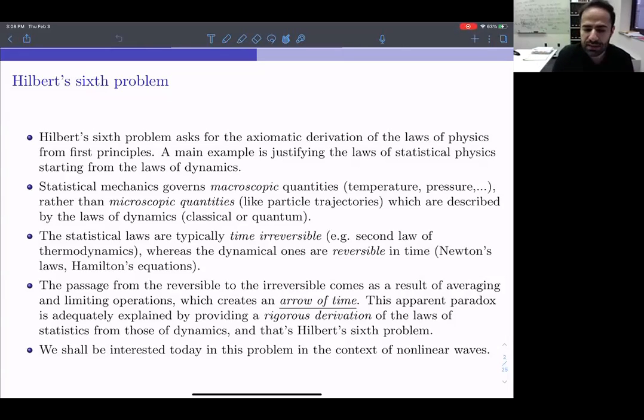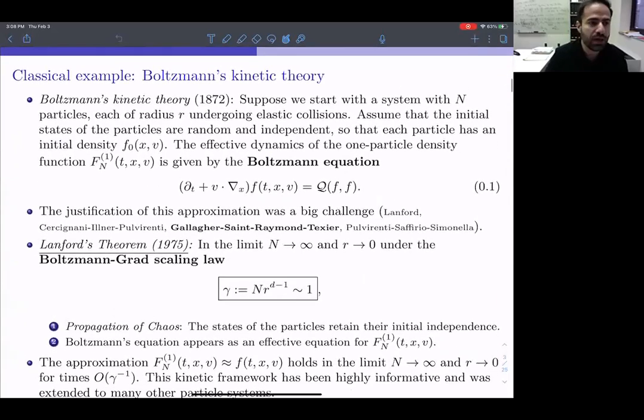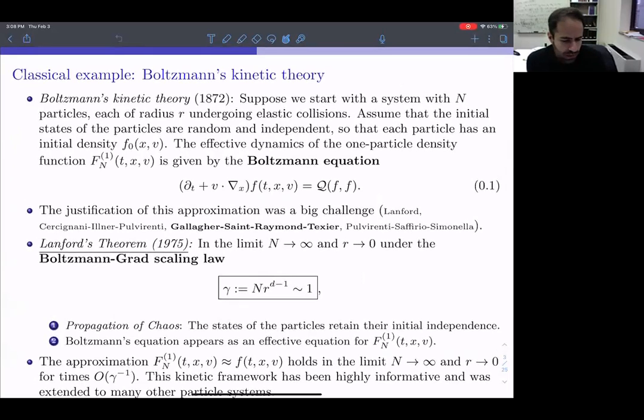So we shall be interested in this problem in the context of nonlinear waves today. But before I go there, let me tell you the classical setting of Hilbert's sixth problem, or one example of an answer to Hilbert's sixth problem, which is Boltzmann's kinetic theory. The setting of Boltzmann's kinetic theory is that you start with a system with n particles.